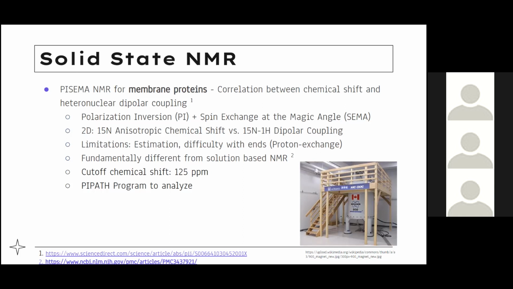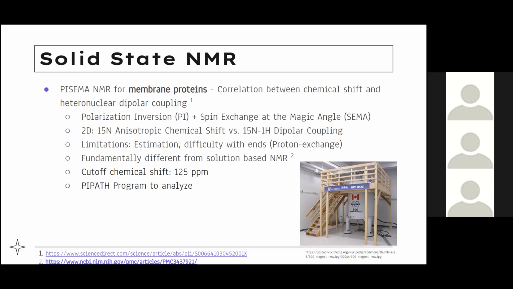And this is a two-dimensional NMR technique, and the chemical shift is nitrogen isotropic chemical shift, and the dipolar coupling is between nitrogen and hydrogen. And some limitations of this technique are that it's an estimation, and there's also difficulty with protons at the end of the protein because of proton exchange with the environment.